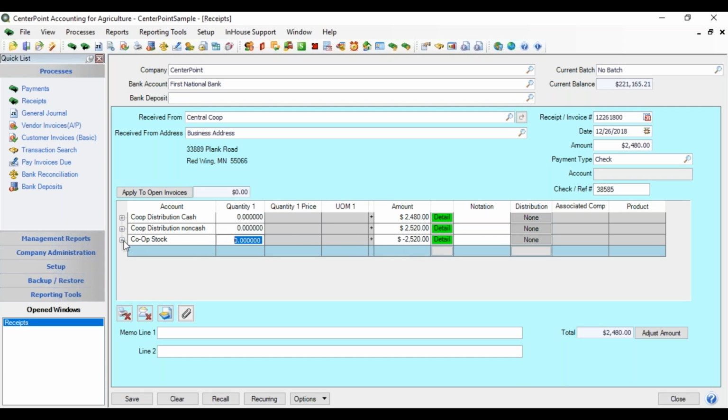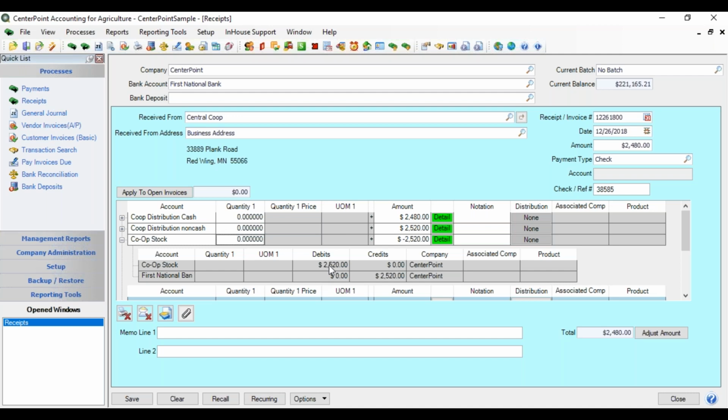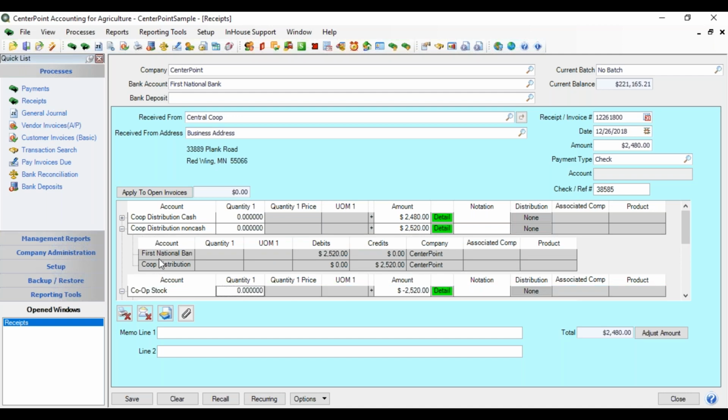If we expand out our co-op stock, we'll see that it's going to debit, which increases an asset. A debit increases the asset to our co-op stock, and it is decreased in our bank, which is $2,520, the offset to our co-op distribution revenue account for non-cash.